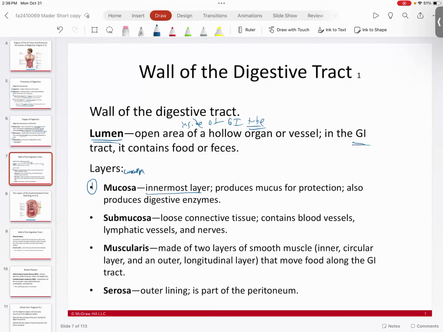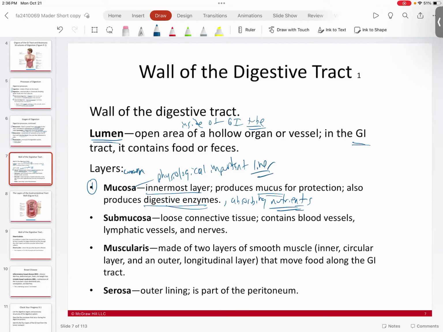Oftentimes, this layer will produce lots of mucus for protection, but it also produces digestive enzymes. This is the area that I refer to as the physiologically critical area. Not only are you producing enzymes, but you're also absorbing nutrients here. So this is a really important piece.